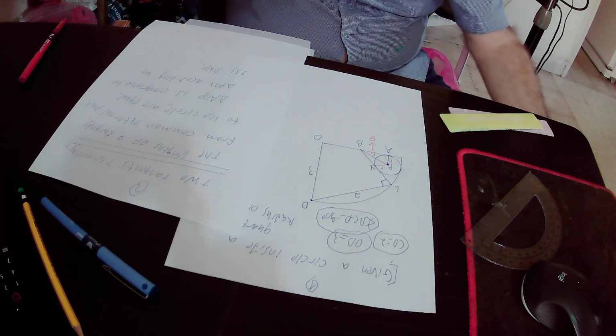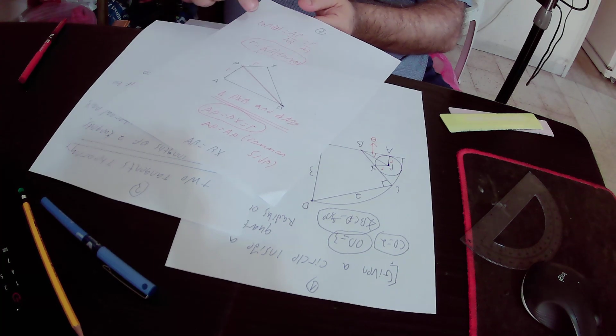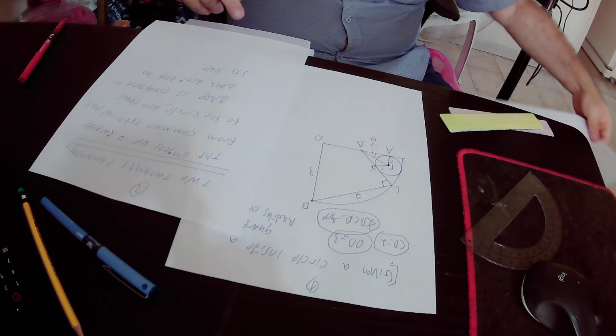So those two triangles are congruent to each other according to the side rule.